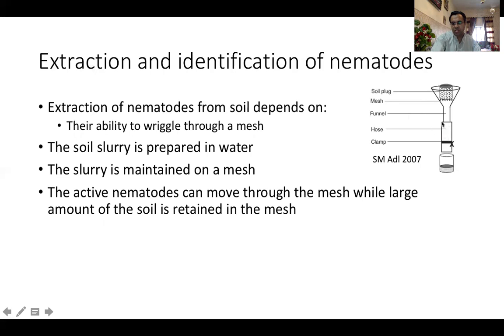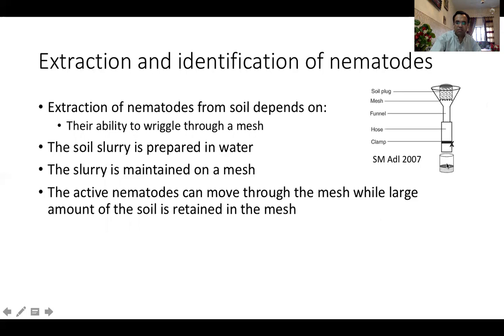Here you see there is a small hose, or a pipe kind of thing, with a clamp at the end. So the active nematodes lie here, and whenever you need to collect nematodes, you just open this clamp a little bit, and the nematodes along with the water will move down into this beaker.